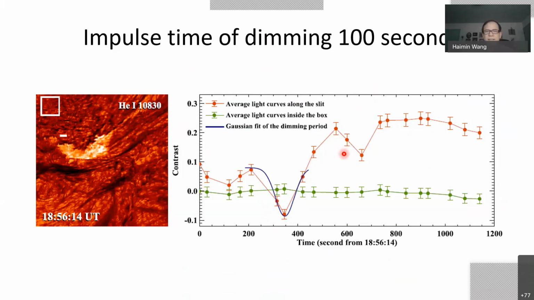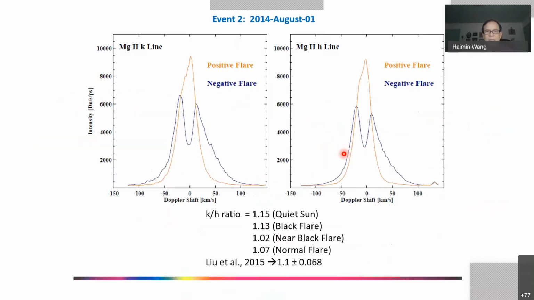So this is the concept of the so-called dark ribbon. It was predicted by Professor Zirin, but this is the very first time it was observed with such a high resolution. Then we also compared with the IRIS observations of the same flare.